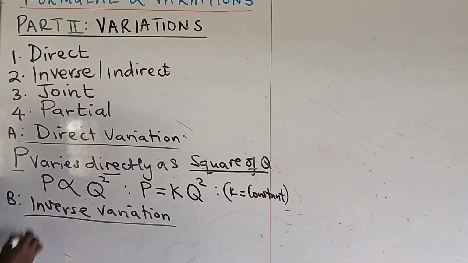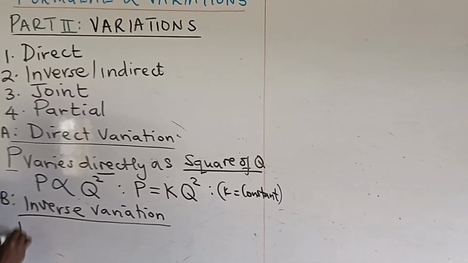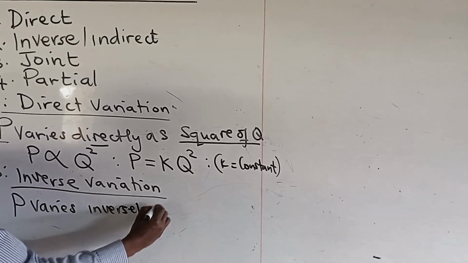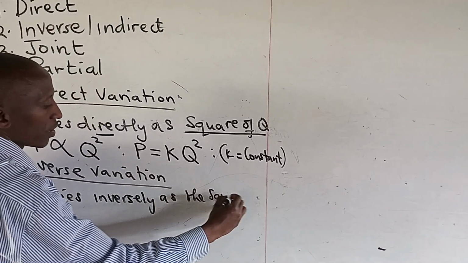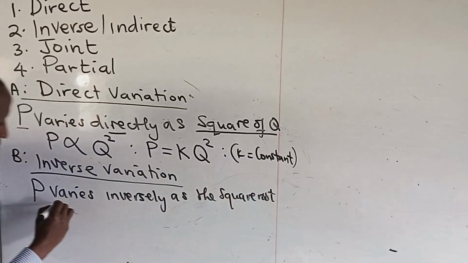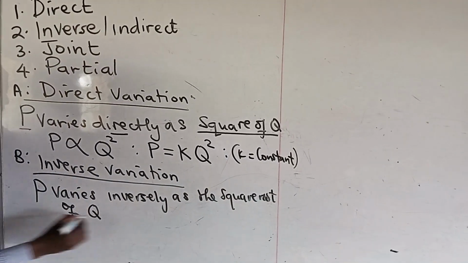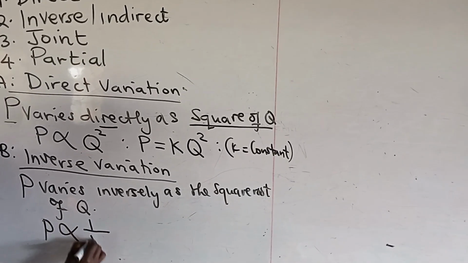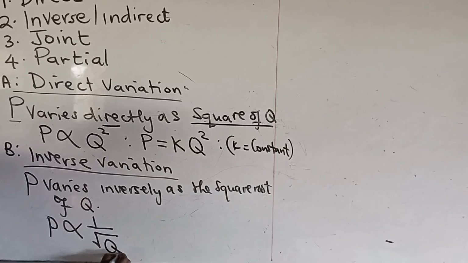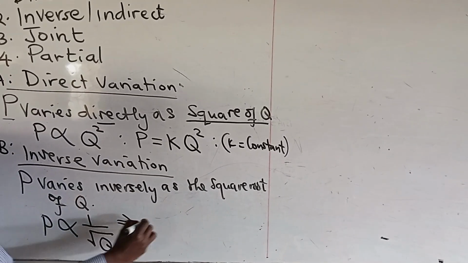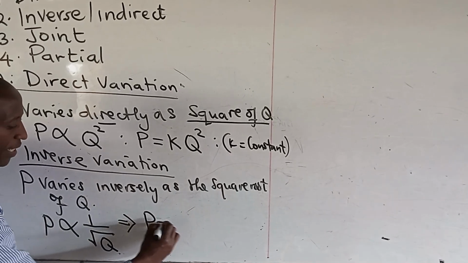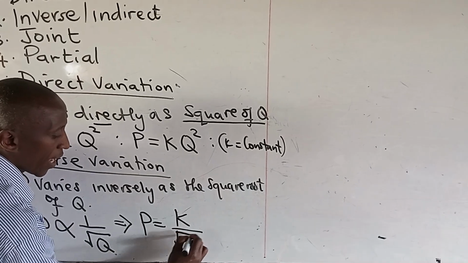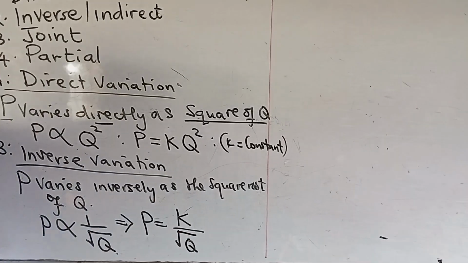We have, for example, P varies inversely as the square root of Q. We show that as P varying inversely as the square root of Q, which we show here as a rule or as an equation: P is equal to K, which is the constant of proportionality, all over the square root of Q.